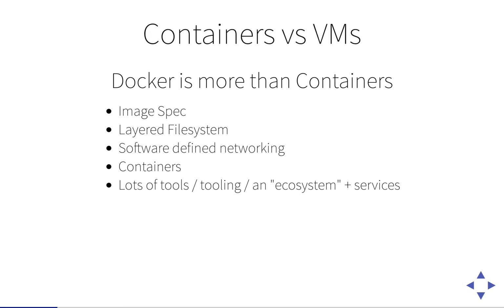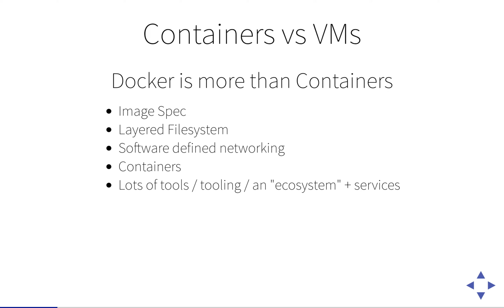So far I have mentioned Docker, but most everything I've been saying is about containers, and containers does not exactly equal Docker. Docker is more than containers. Docker provides an image spec. That image spec is also beginning to go through an RFC process so that there are alternative implementations so that it is open.